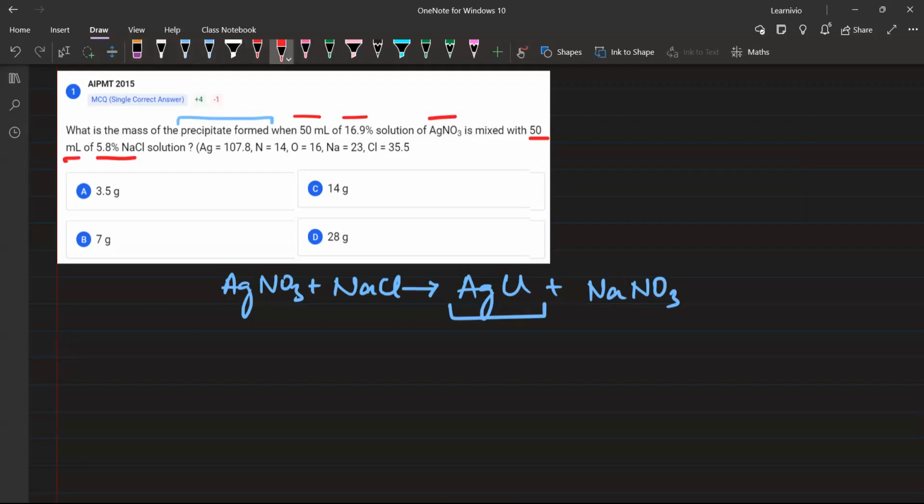Let's see how to do this. First of all, I will calculate the molar masses of the required species. So for AgNO3, this is equal to 169.8.